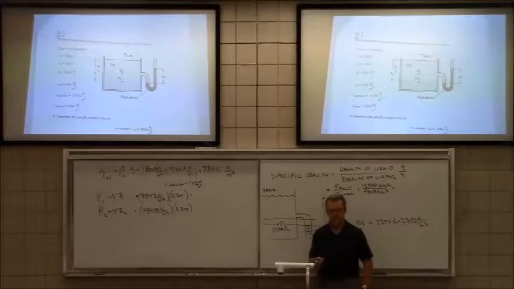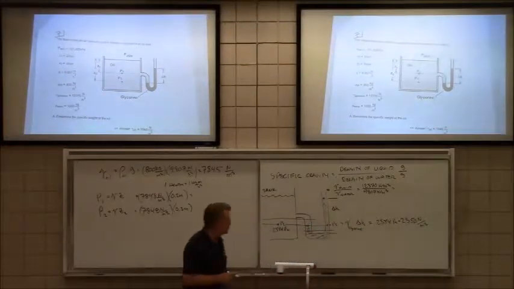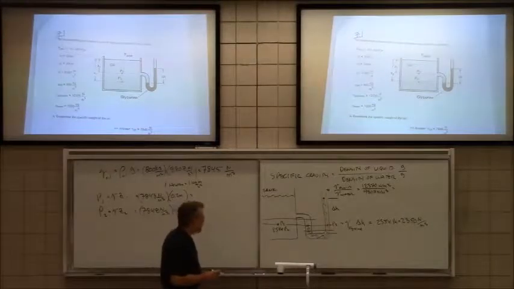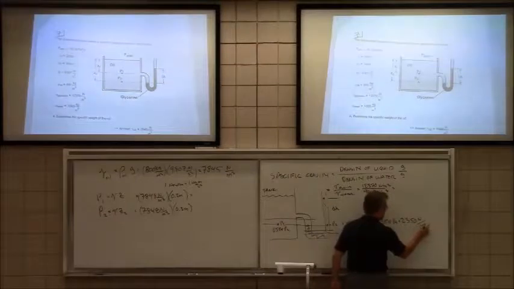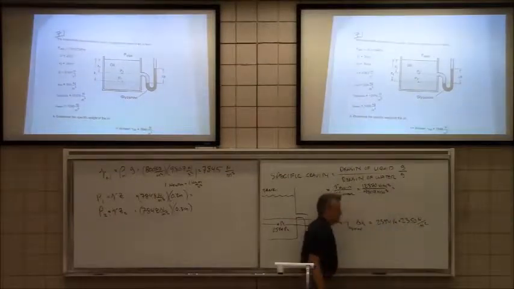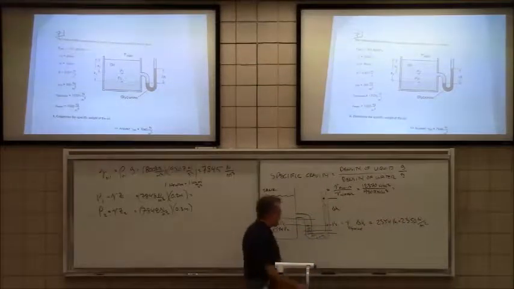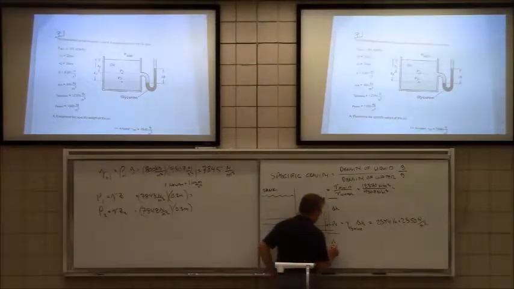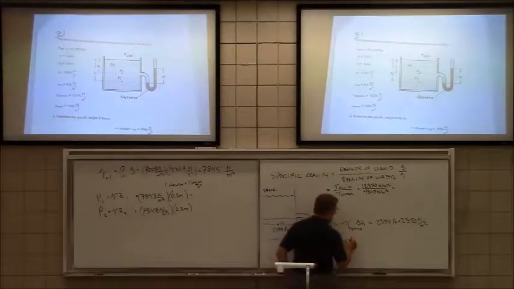Yes? With what you just went over, wouldn't that cancel out your units? Because if you're dividing by a Newton per meter cubed... Oops, no, this is a Pascal. A Pascal is a Newton per meter squared. Yeah, this is pressure. So if I want to solve for delta H, this is going to be 2354 newtons per meter squared.